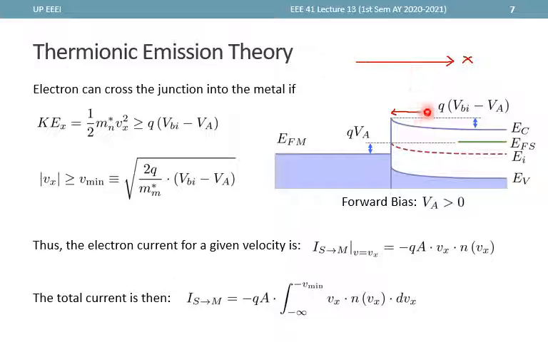Now, if we count the number of electrons that are able to cross the junction by having this specific velocity, then we can just multiply that and get this expression.